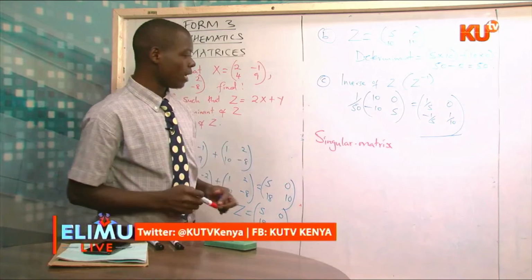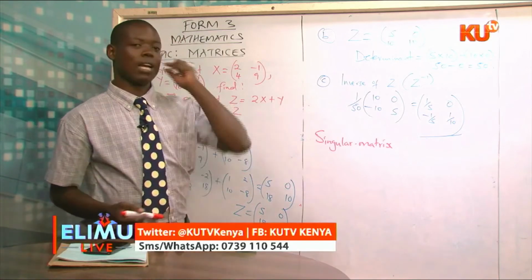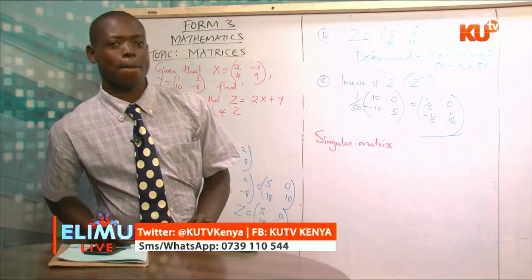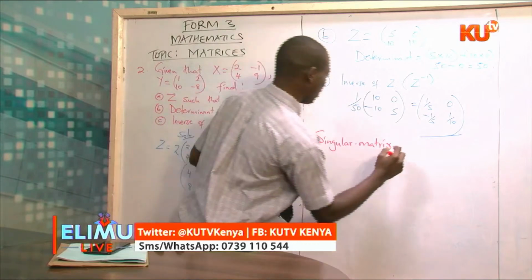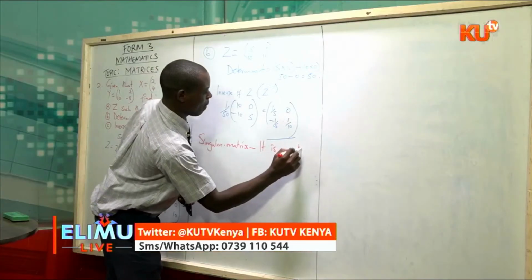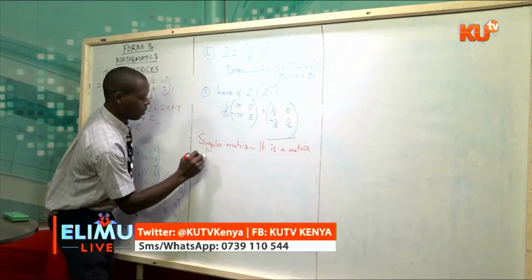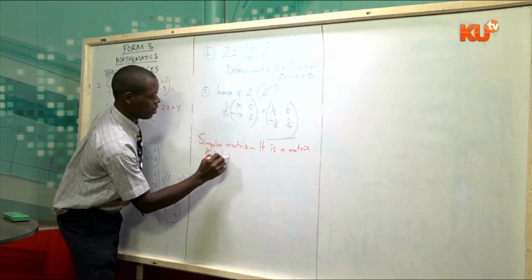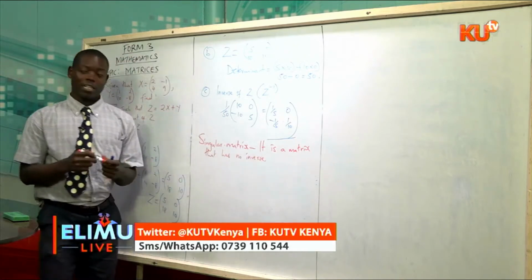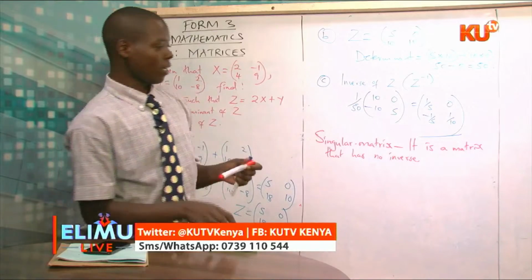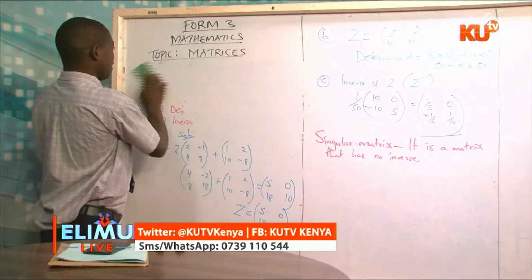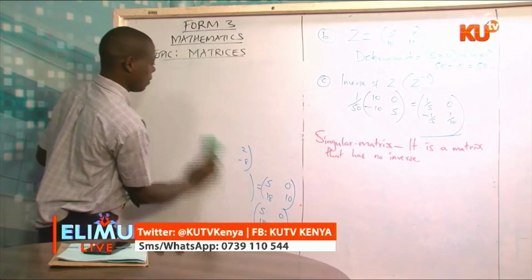So if you are told to find the value of the unknown in a matrix that has no inverse, then know that it is a singular matrix. So we are adding here that it is a matrix that has no inverse. And remember, the determinant is 0. That is what we call a singular matrix. So given that statement, we can therefore work out number 3.